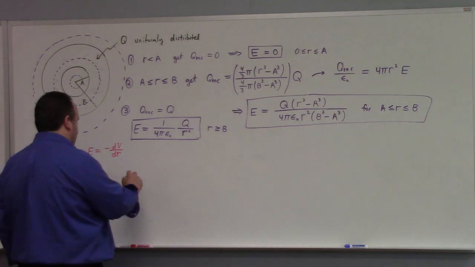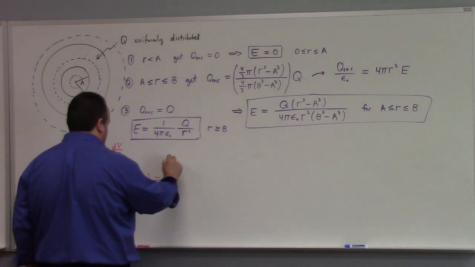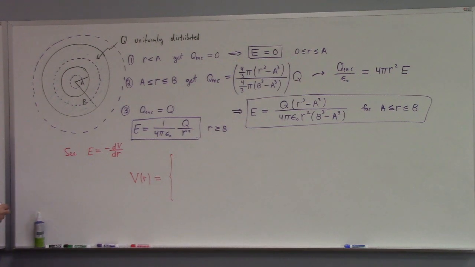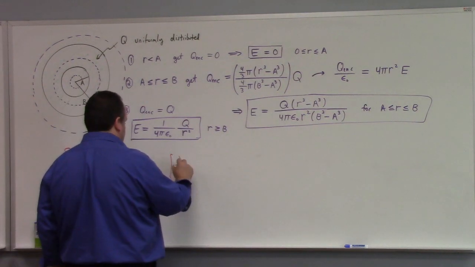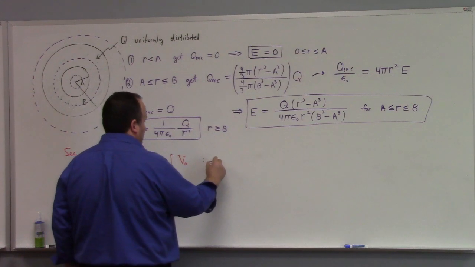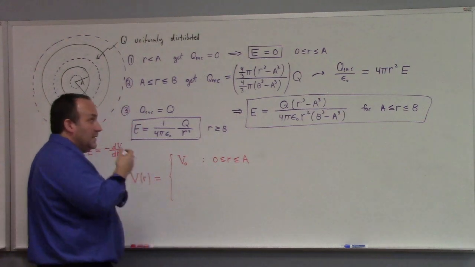So like the voltage, I'll try to do it all at once. The voltage as a function of r is going to have 3 cases. So the middle one is the easiest. What's the integral? dV dr equal to 0 is constant, right? So I could call that, for lack of imagination, constant V naught. That's for 0 less than or equal to r less than or equal to a, all right?